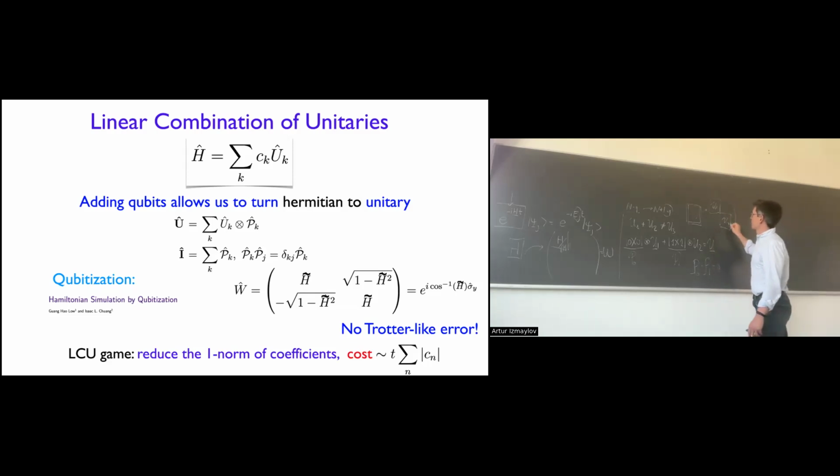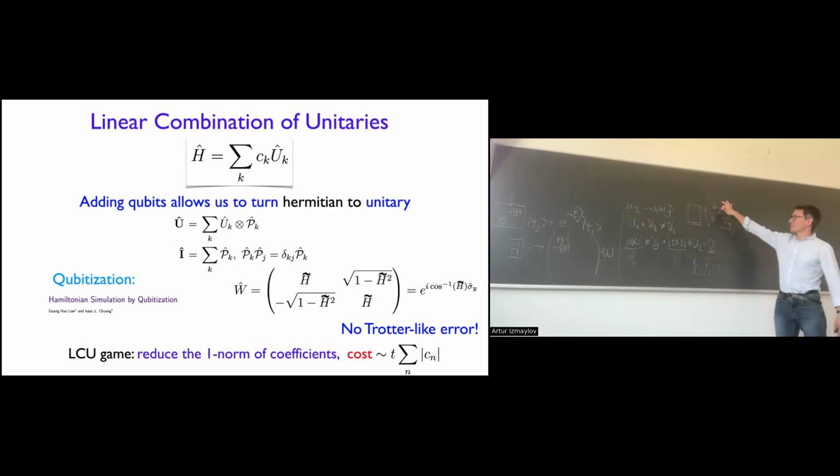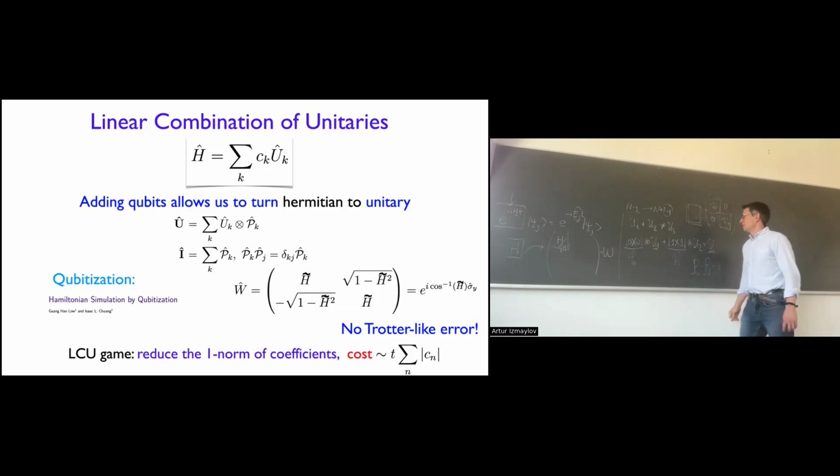The structure of this bigger unitary will be that U1 stays in its own subspace where the extra qubit is in this state, and U2 stays in this one, right?